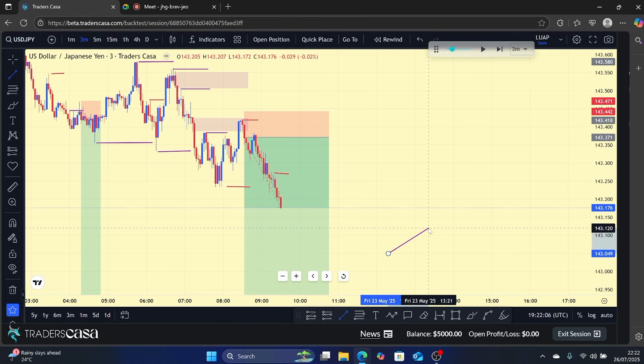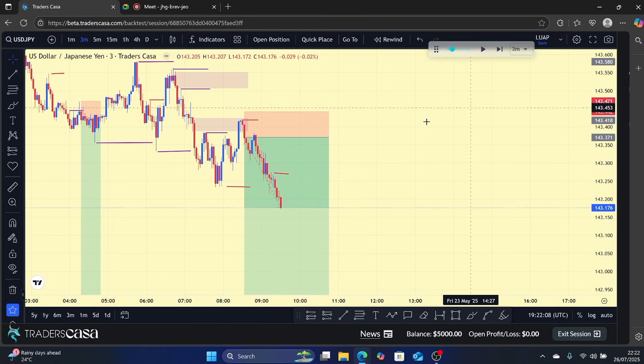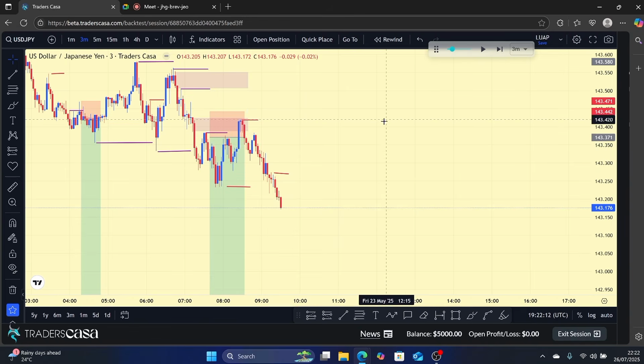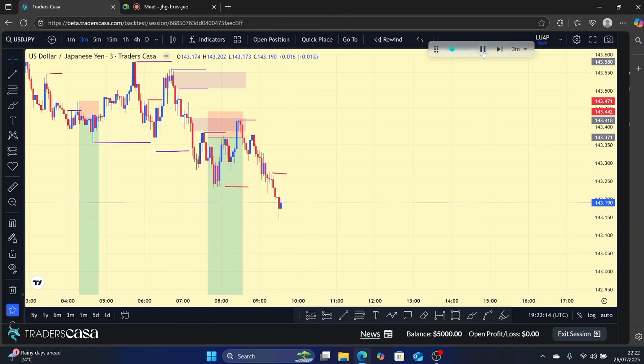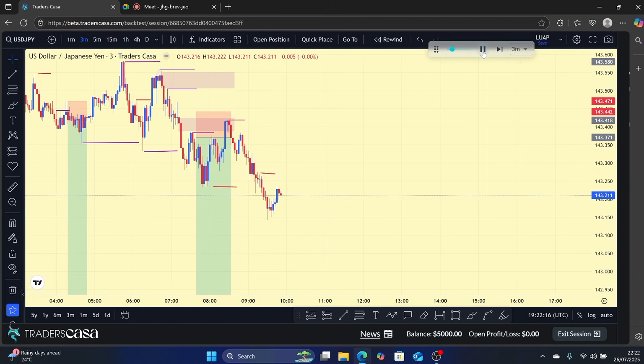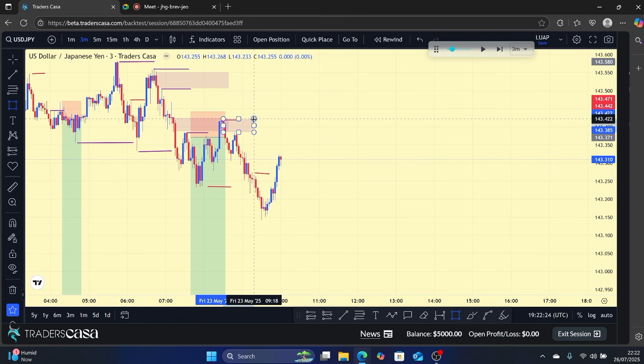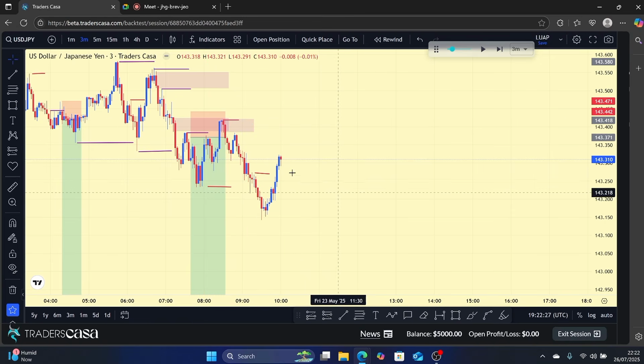Right, if you don't see the screen, maybe I can do something like this. Yep, I think something like that would be better. And let's see what price does. Price has taken out the major inducement. This one here is what we call the extreme POI. Alright, is the extreme POI mitigated?